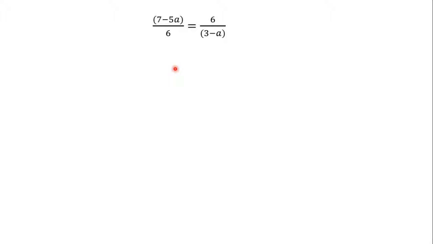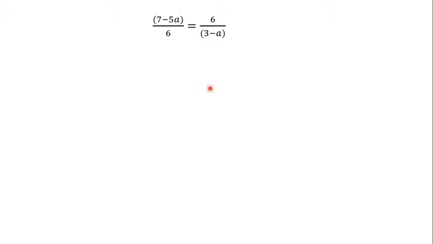In the videos on algebra, we learned that if the denominator of a fraction in an equation contains a variable, then the LCM of the denominators will be the product of the denominators. So here, since one of the denominators contains a variable, the LCM will be the product of the denominators. So the LCM will be 6 times 3 minus a.